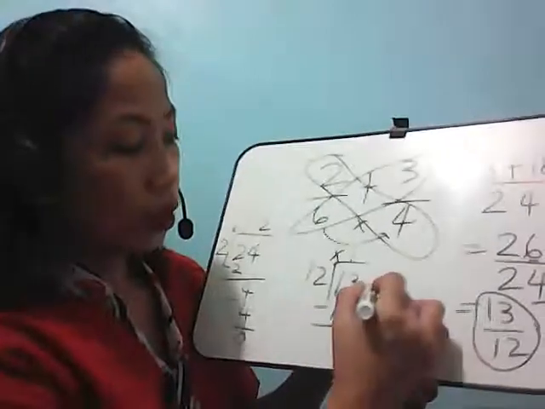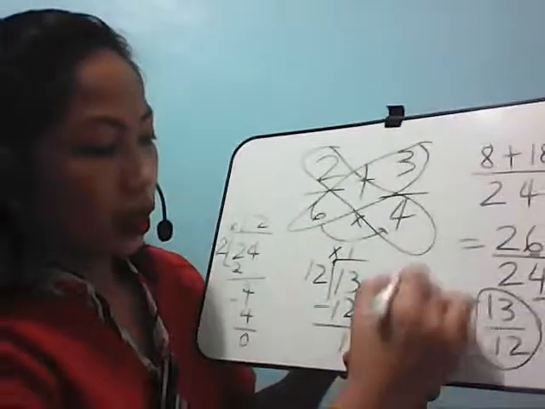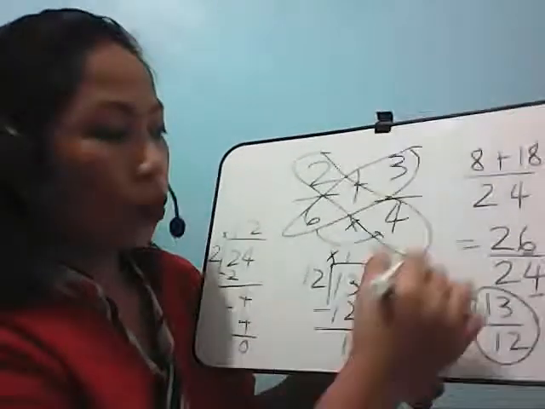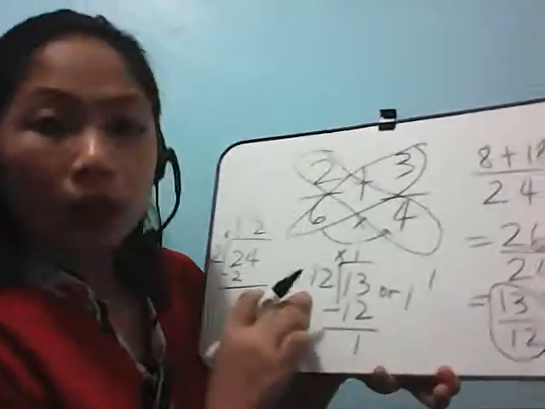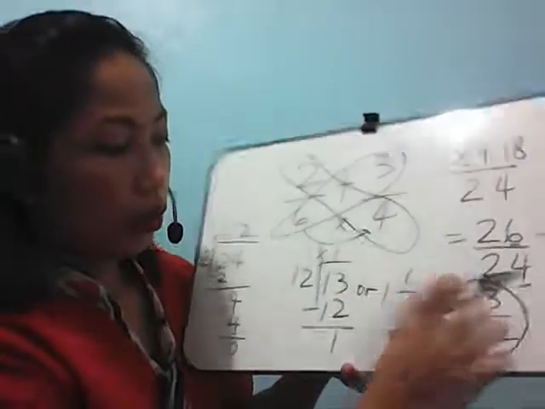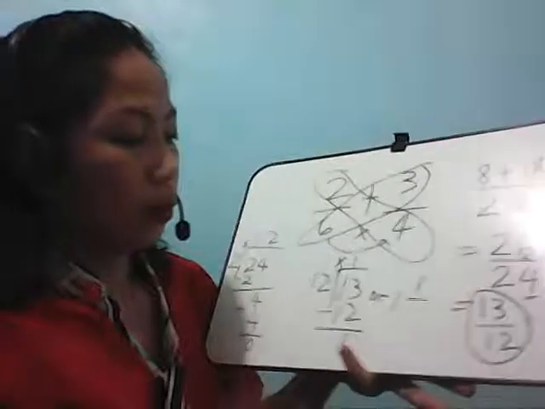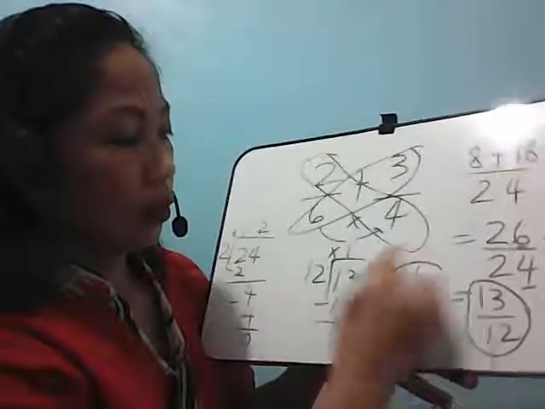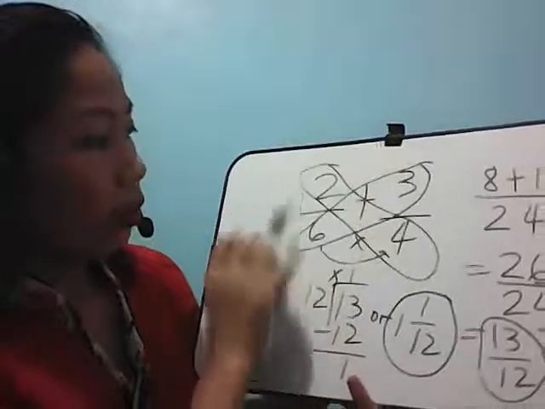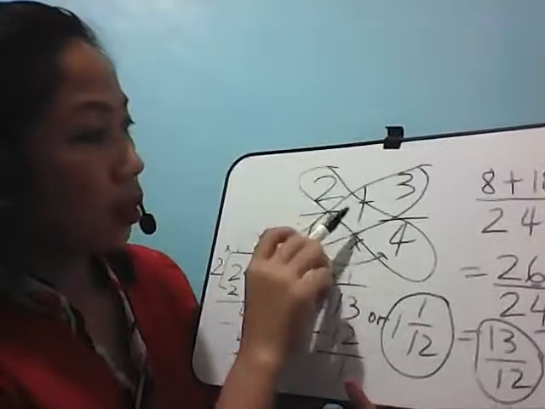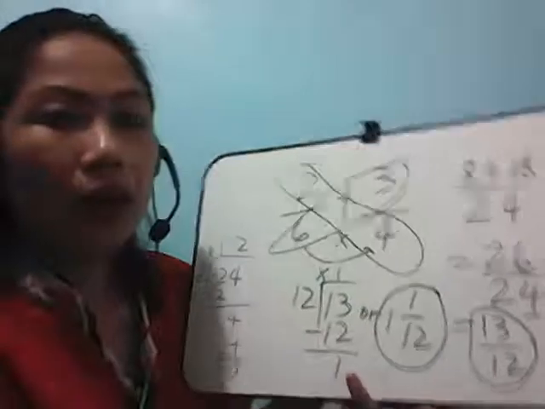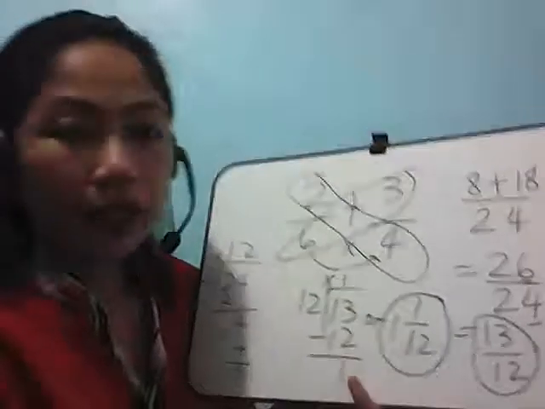Our whole number is 1, and our remainder is 1, which becomes the numerator, and our divisor will be our denominator. So our final answer for 2 over 6 plus 3 over 4 is 1 and 1/12. This is our final answer.